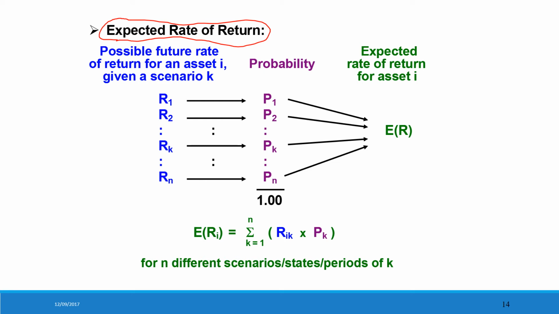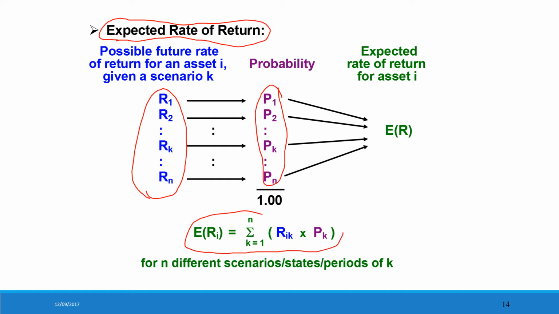Suppose that we can estimate n different scenarios in the future, and therefore we get n different estimates of returns. We could also estimate the probabilities of these different outcomes. Our expectation for the returns, the actual return that we get, is simply just the probability weighted outcome, right.